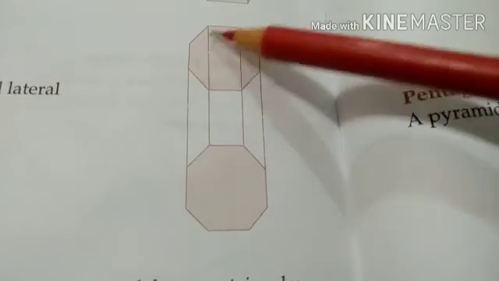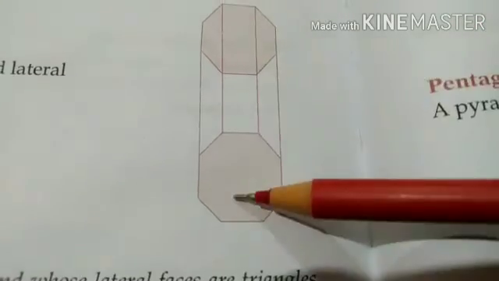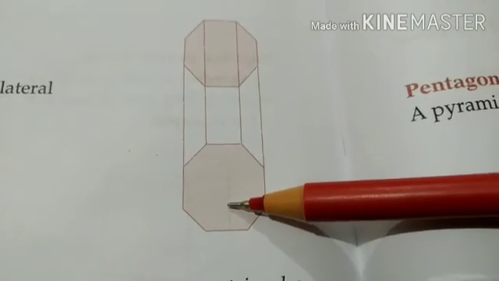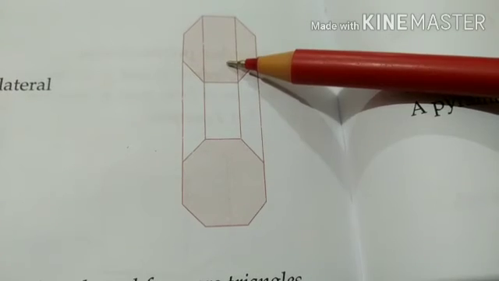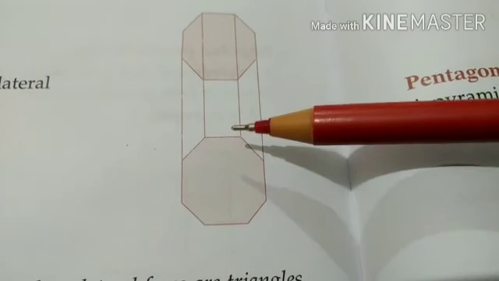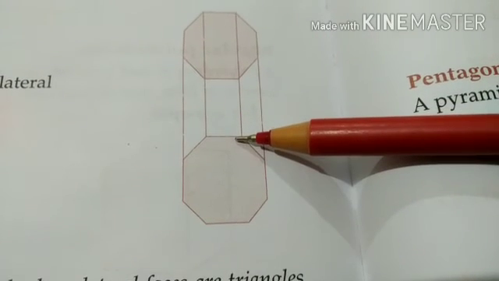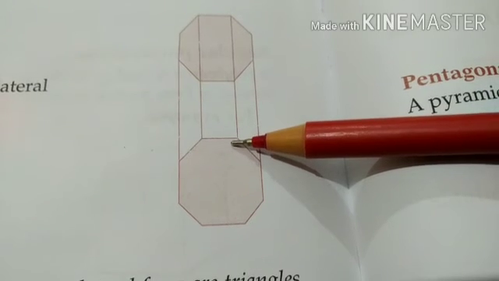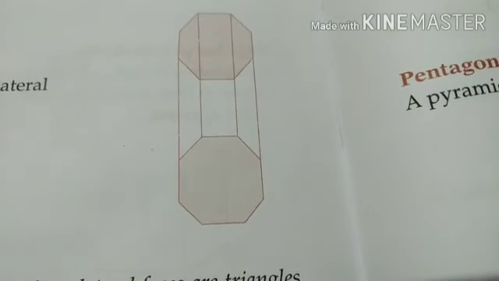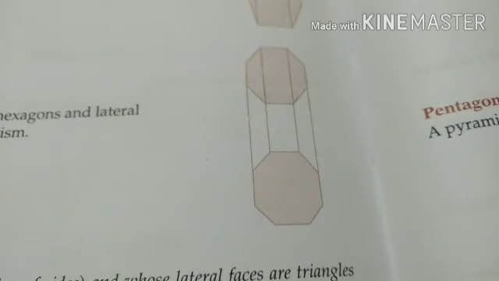Now this is a hexagon, and the top and base are congruent. So this is known as a hexagonal prism. Here also the lateral faces are rectangles. As you can see in this hexagonal prism, the lateral faces are rectangles.